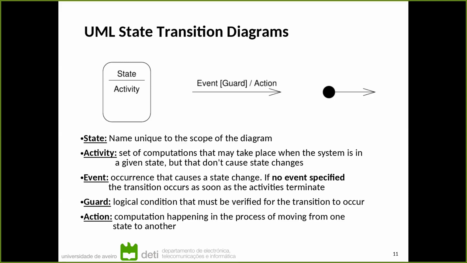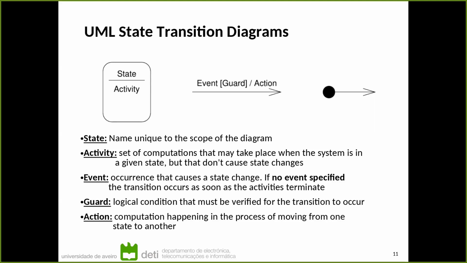First, the one we have seen, the state. Each state must have a unique name. Then you have activities, which are the computations that occur inside the state but do not cause state changes. Then I have the events, which are what cause the state change.